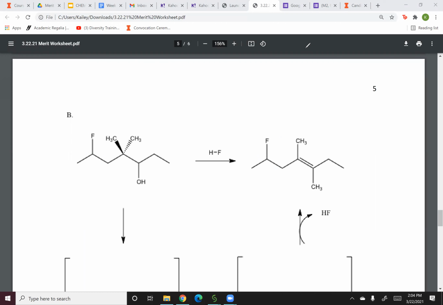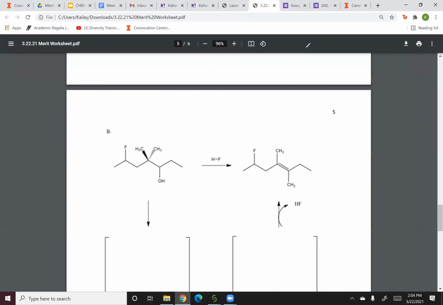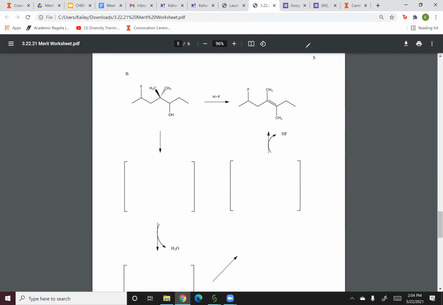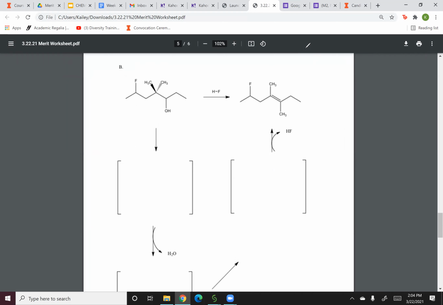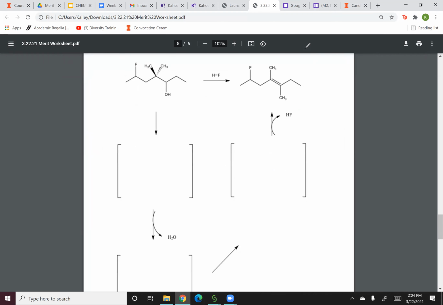And OH is a bad leaving group. So since we have this acid in solution, we might as well help it out and make it a little bit better of a leaving group. So the first thing we're going to do is protonate that alcohol, and generate a good leaving group.